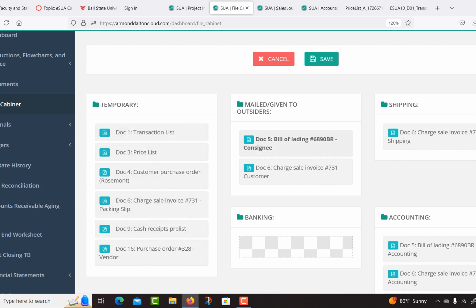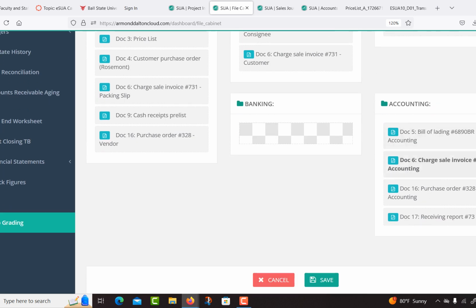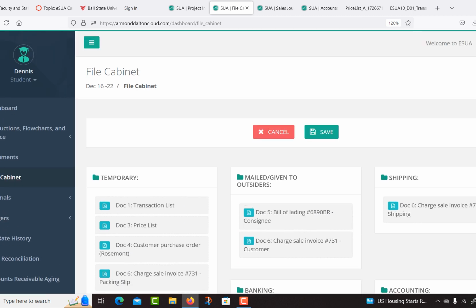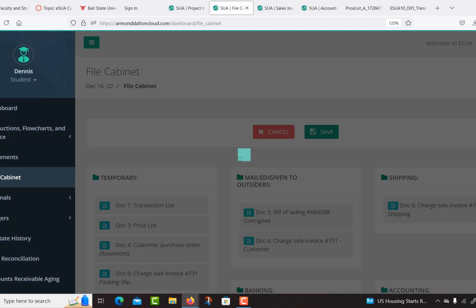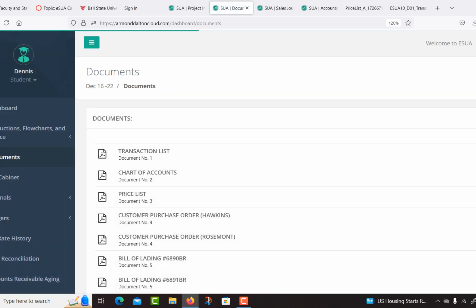But when you say mailed or given to outsiders, you see bill of lading, sale invoice, and so on. So you're going to save the filing cabinet based on the documents, and you're going to move them from temporary to the correct file. And then once you're done, you click save, and that's it. Success, it closes.